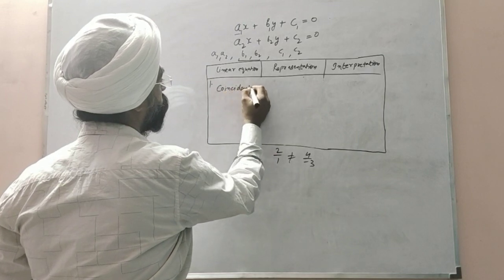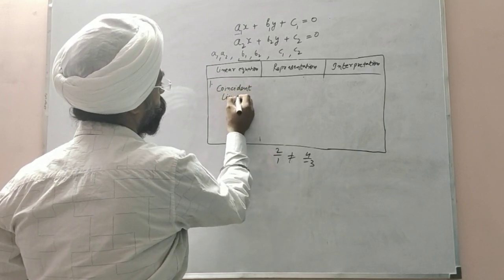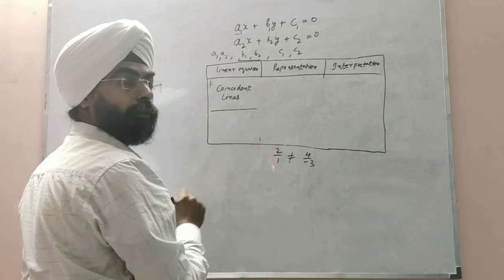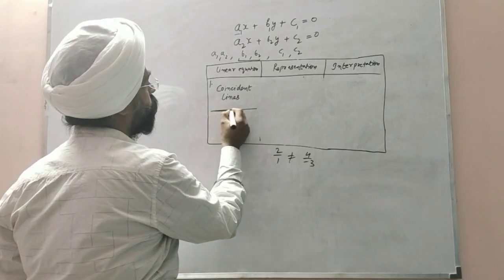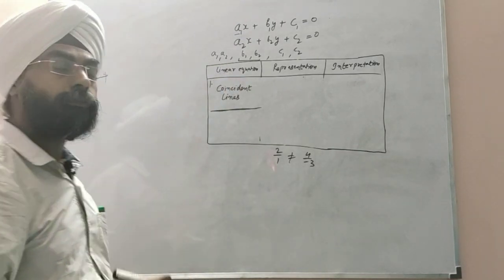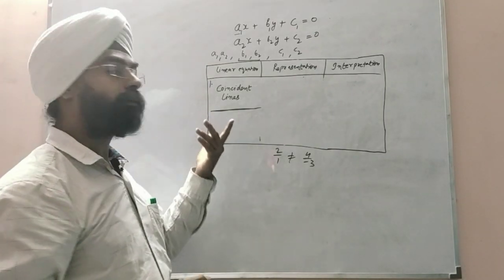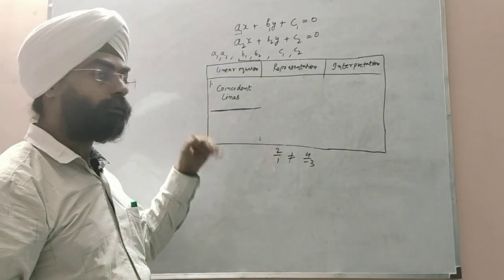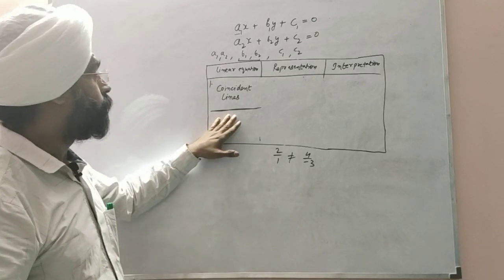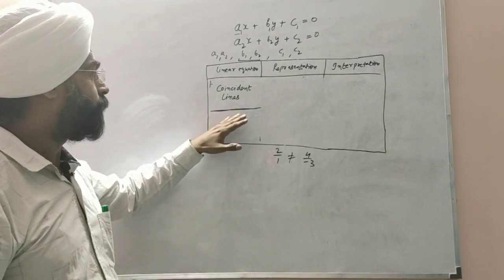Coincident means the second line is overlapping the first line. These two lines are overlapping each other, one on top of the other. Then coincident lines appear like this.